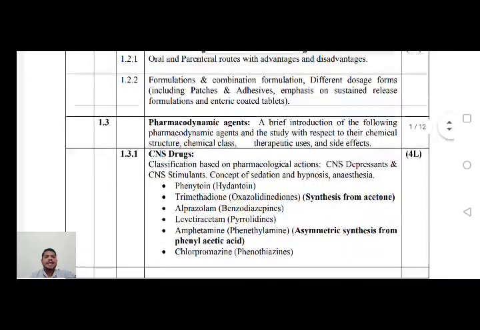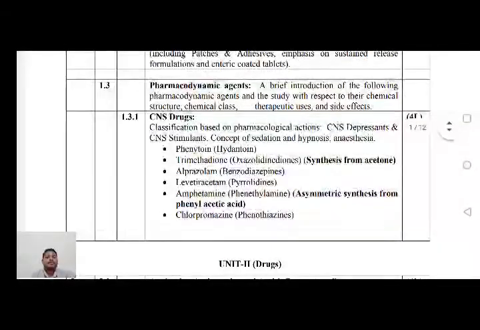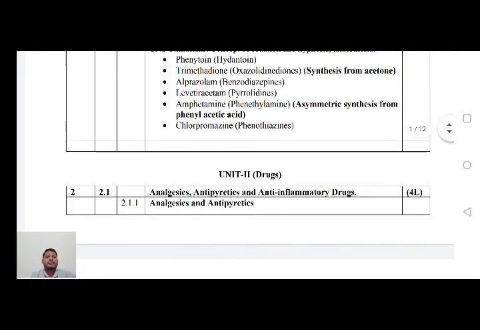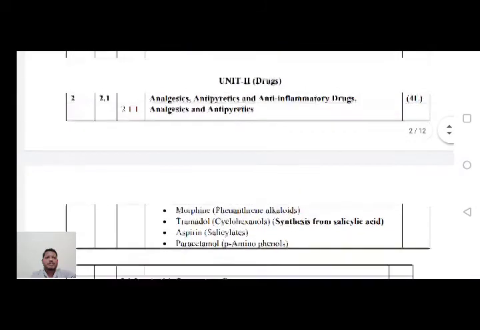Next, CNS drugs, classified on the basis of pharmacological action into CNS depressants and CNS stimulants, their structures, synthesis and side effects. That is all about unit first.